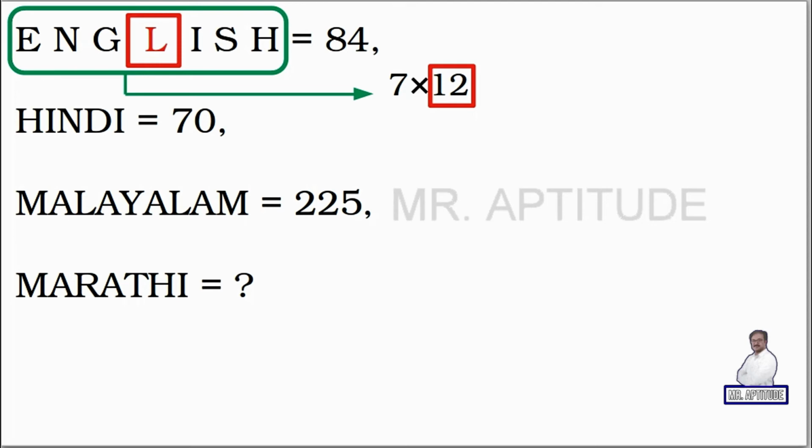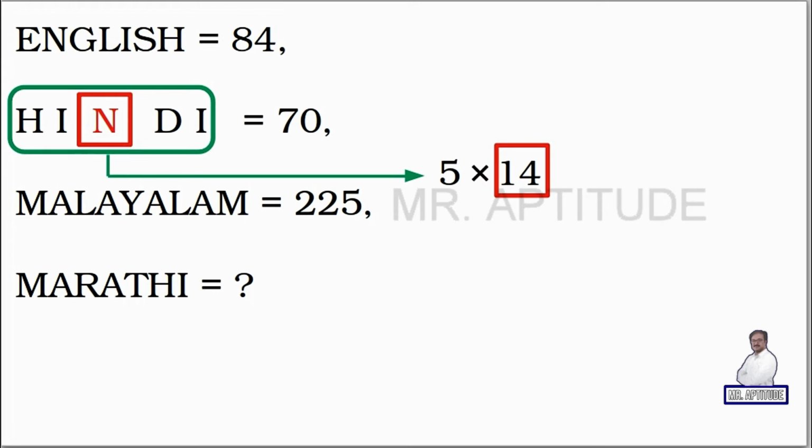Can we relate Hindi and 70 in the same way? The number of letters present in the word Hindi is 5. The middle letter of the word Hindi is N. N is 14, I mean the 14th letter in the English alphabet. So 5, 14 times 70.